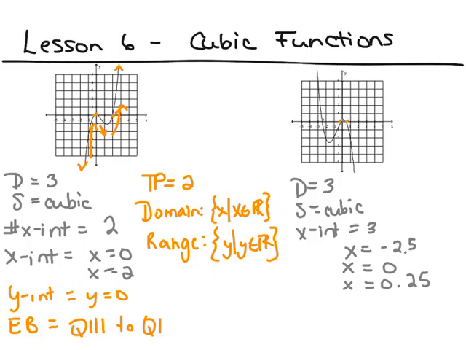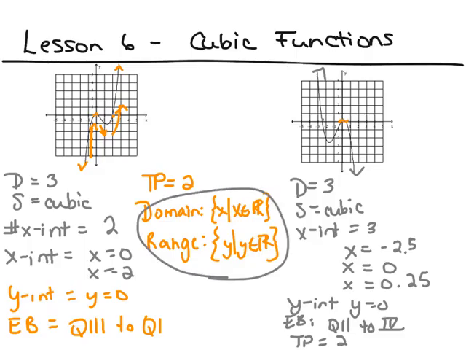The y-intercept crosses at 0. So it crosses the y-axis right here. The end behavior, it starts in quadrant 2 and it goes to quadrant 4. There are 2 turning points, and then the domain is this again, x ∈ R, y ∈ R.